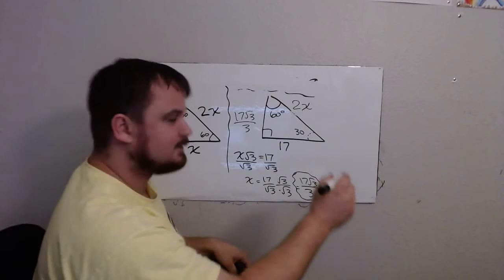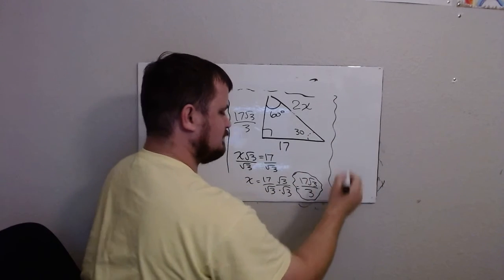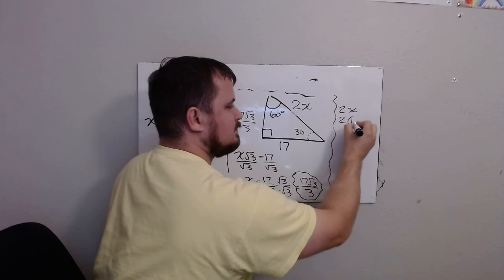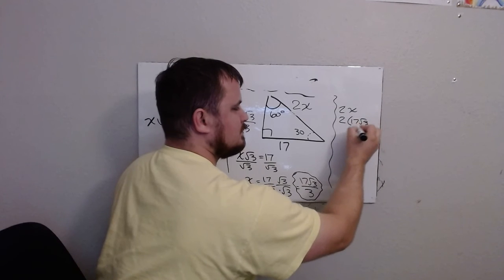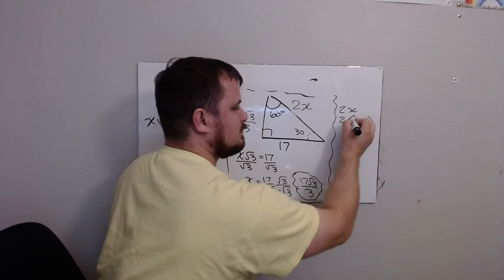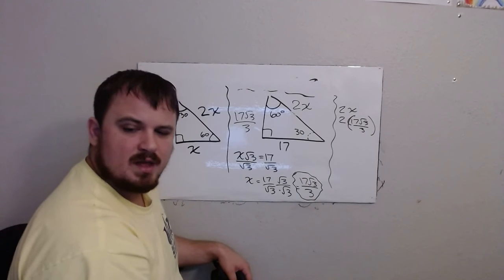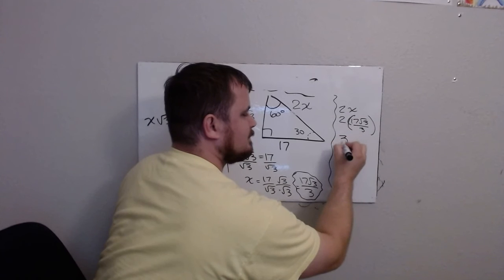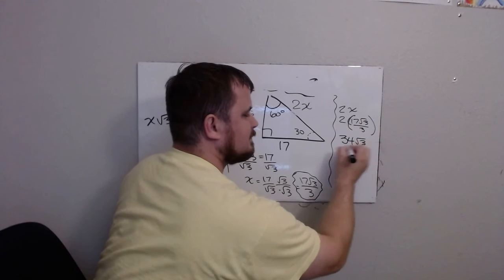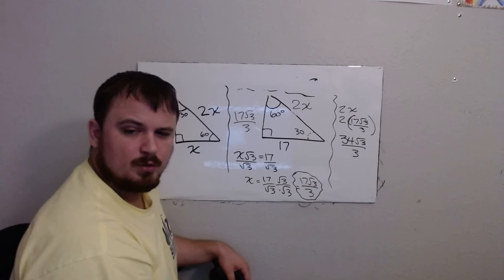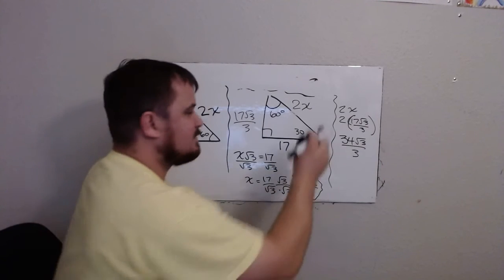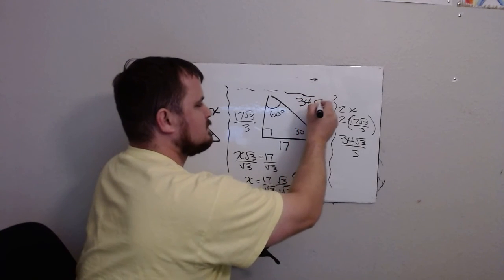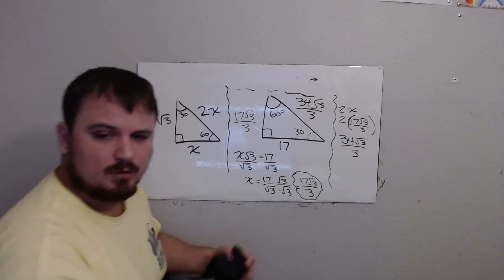So let's go ahead and do that real quick. Then we do 2 times 17, and we get 34 root 3 over 3. So then the hypotenuse here is 34 root 3 over 3.